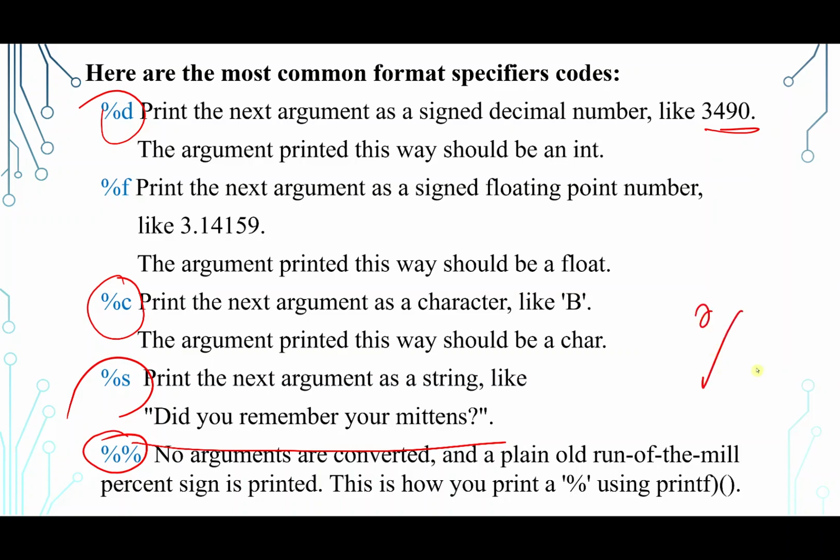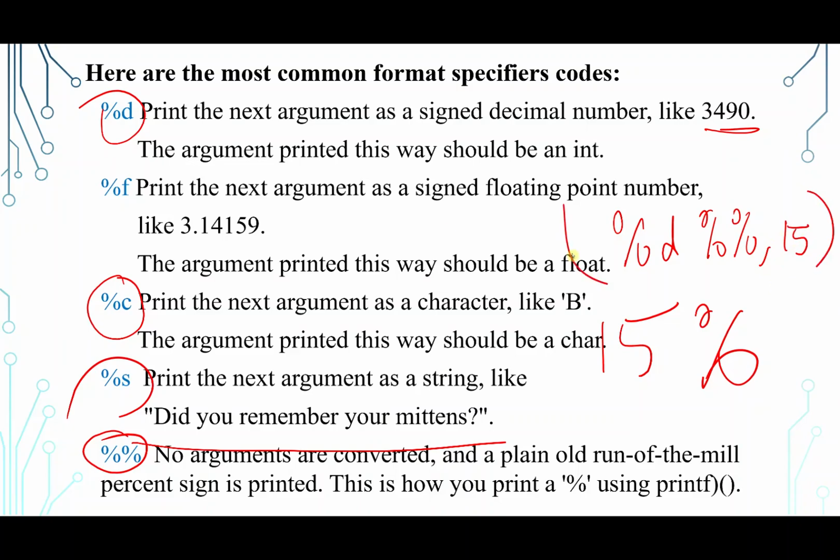Basically, this is the plain old run-of-the-mill percent sign being printed. It's going to print this. If you want to show something like 15%, then you would do %d, then %, and you give, for example, 15 in printf.